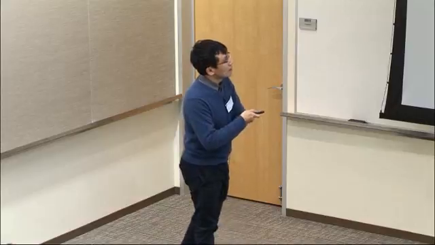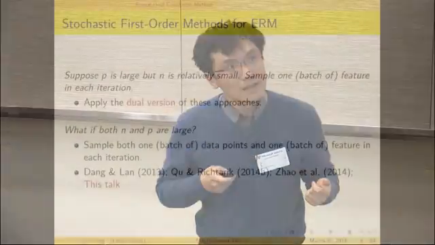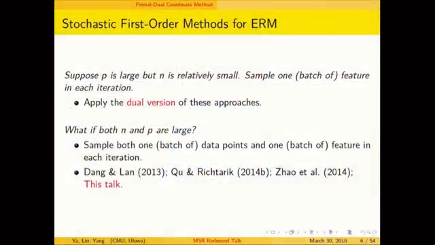But what if p is relatively larger than n, which happens in the high dimensional case? In that case, we can simply sample one or a batch of features in each iteration and apply the dual version of the approaches mentioned above.